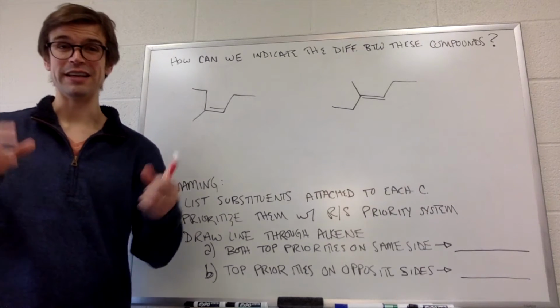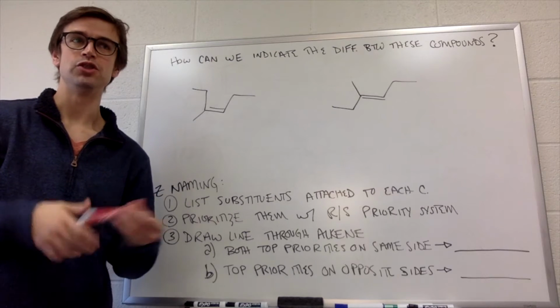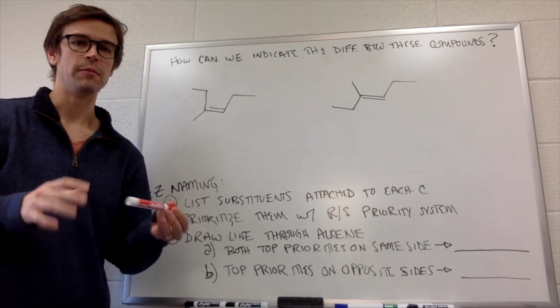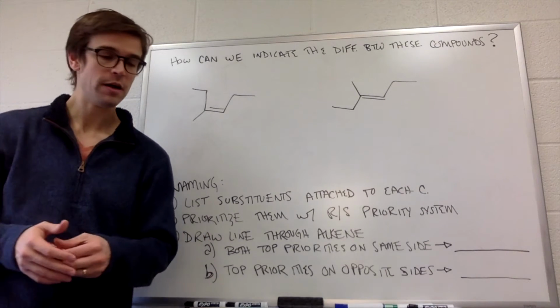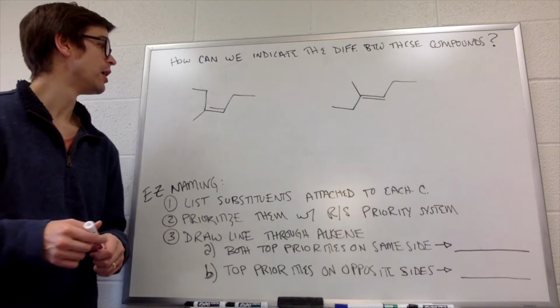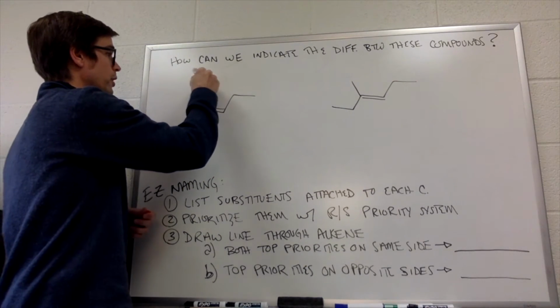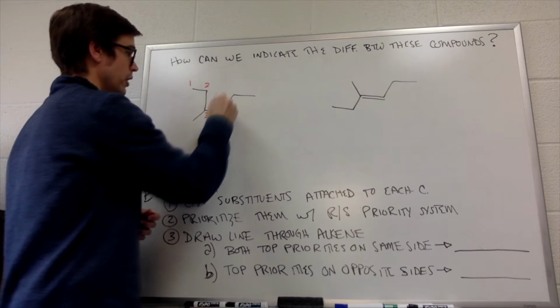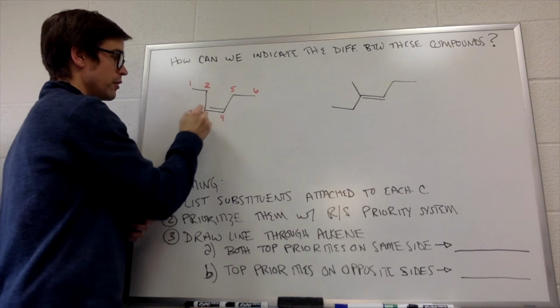It's something called the EZ naming system. It's German, so the Z is Z, and I can't remember what the E is for, but we'll get there. So for EZ naming, just to start out, both of these we would number this way, and we'd have a 3-methyl.